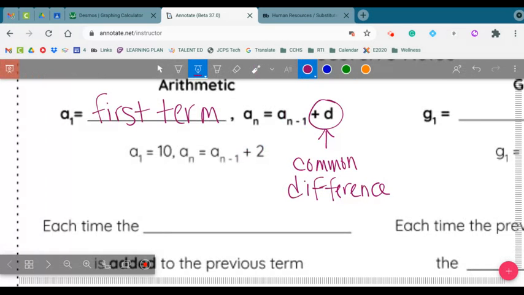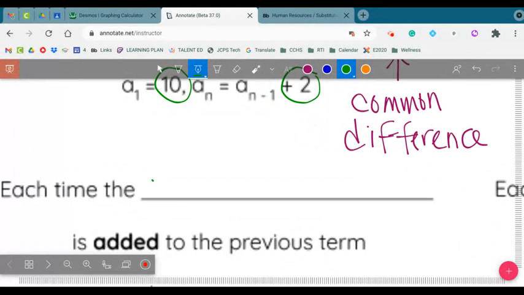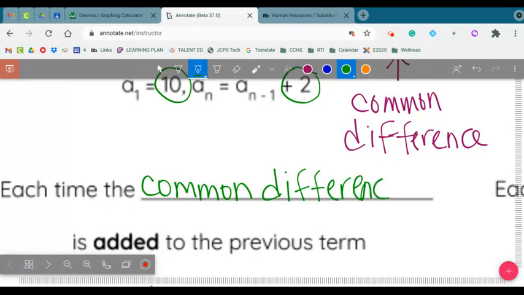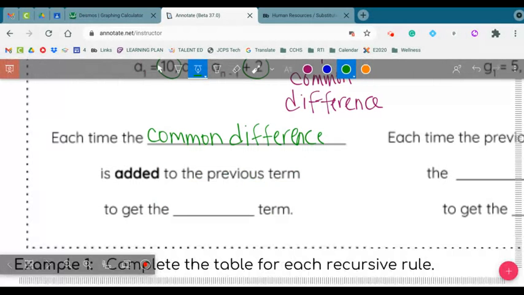So if you look at this example, 10 is our first term, and then our common difference is 2. So that means we start with 10, and we're adding up by 2 each time. So each time, the common difference is added to the previous term to get the nth term, or to get the next term.